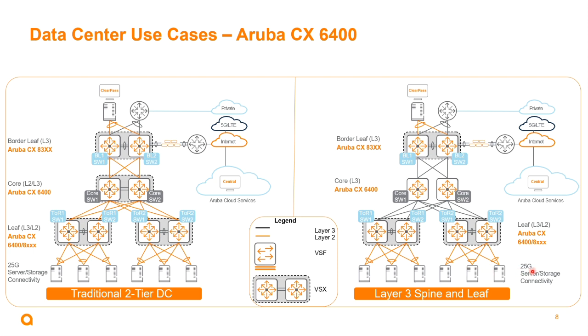So this hopefully shows you the flexibility of the 6400 in both server data centers using it at core and at top of rack, as well as in the campus where we can have it all the way from the core, aggregation and access.